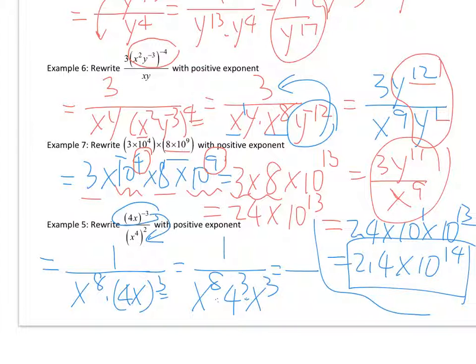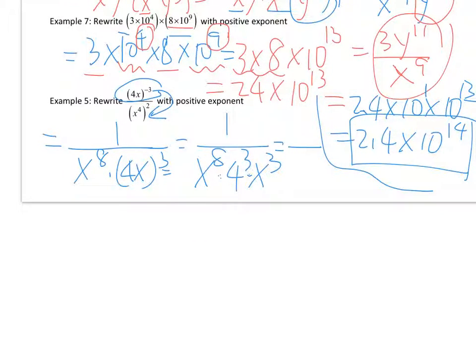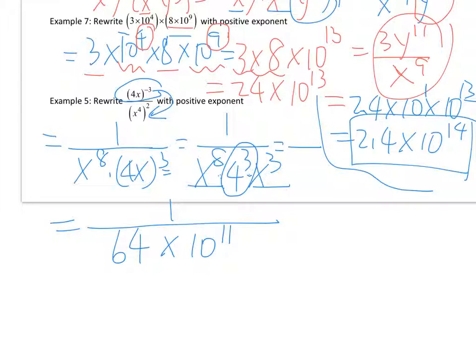And then we run out of space, kind of. Okay, let's make some room here. So I think I will write it here at the bottom, okay? And this will give me 1 over 4 to the 3rd is 64. x to the 8th times x to the 3rd is x to the 11th.